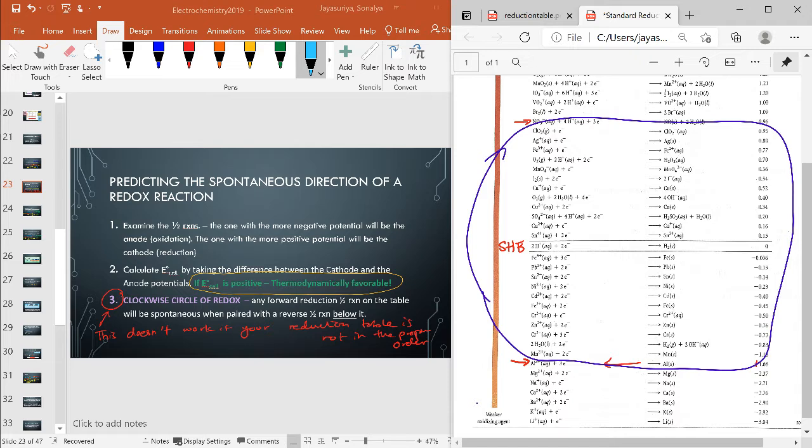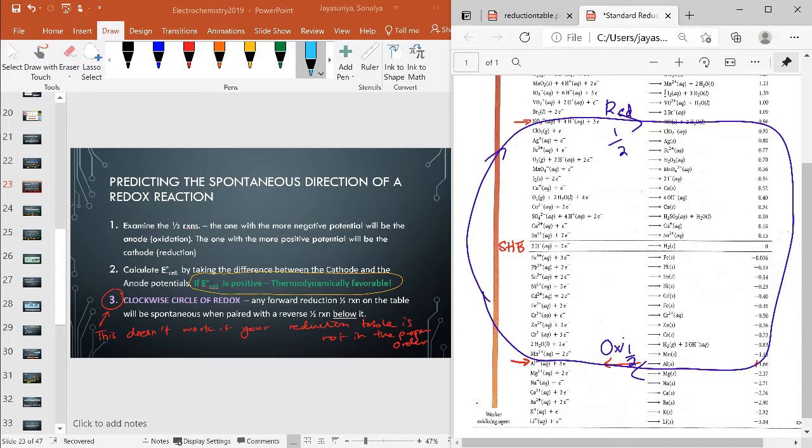If you are going this way, and the top is the reduction half reaction and the bottom is the oxidation half reaction, that means you are going to have a thermodynamically favorable electrochemical cell. So the reduction half reaction has to be above the oxidation half reaction. And remember, oxidation has to go in reverse, which is why this is clockwise. Okay, I call it the clockwise circle of redox.